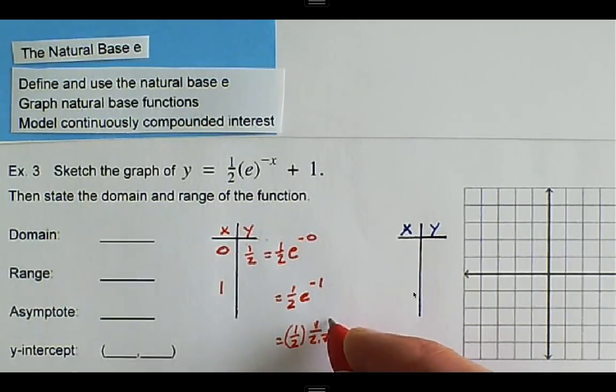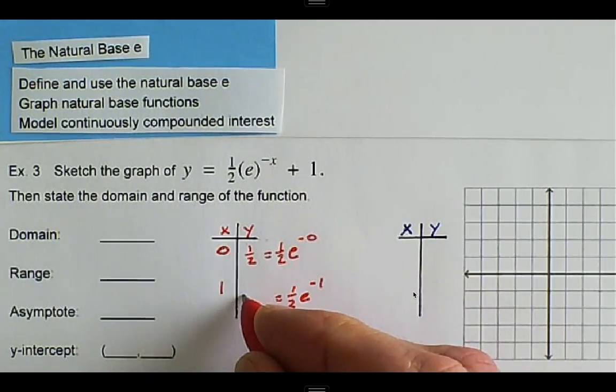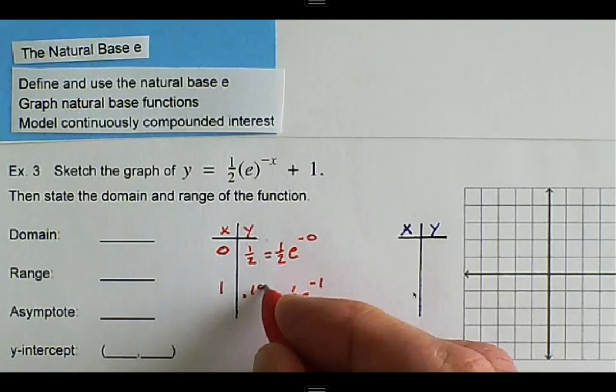We can leave it at that for right now. And then when we multiply that out, we get about 0.18 when we multiply 1/2 times 2.74 and put it over 1. So this is equal to about 0.18.